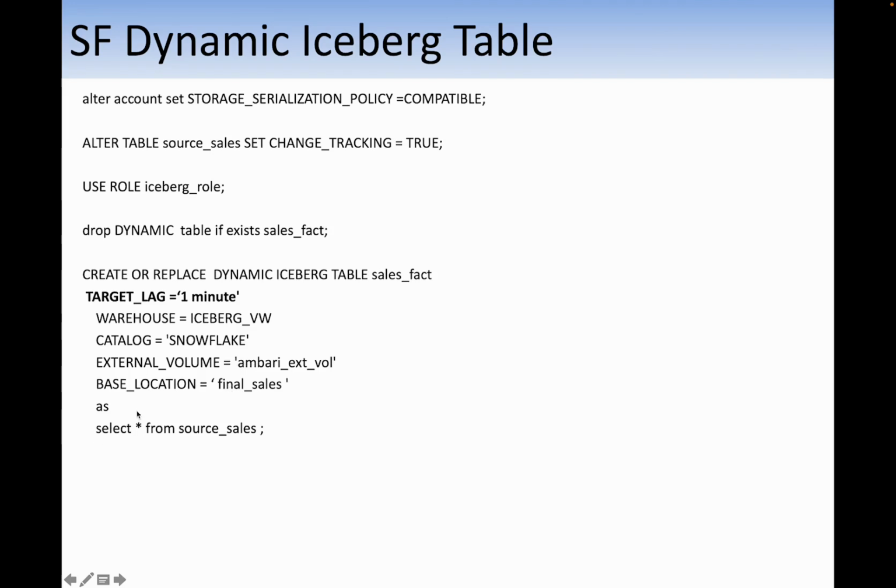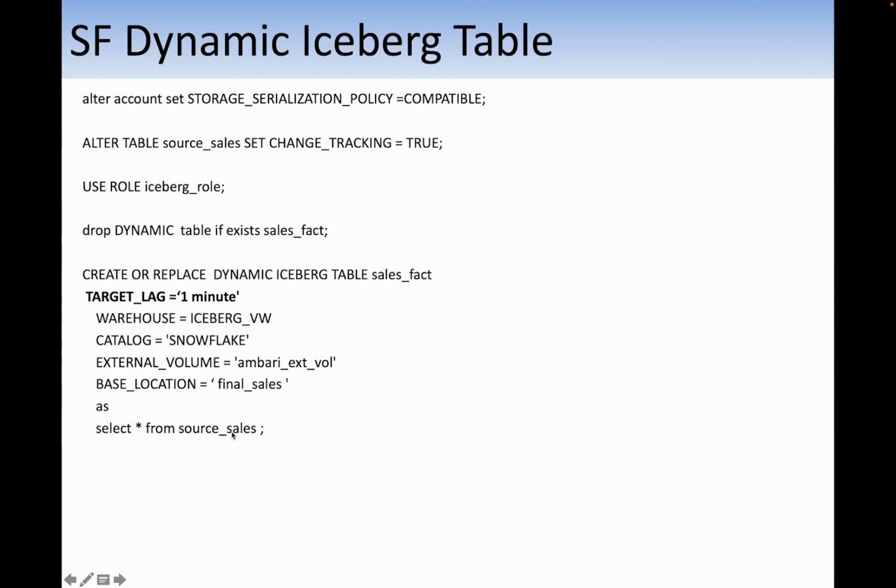Then here, I know this is simple. Every time someone inserts into this table, we want to just create a fact table which is in Iceberg. Generally, we won't do this. Why would you want to have a permanent table converted into an Iceberg table? However, there is another way.